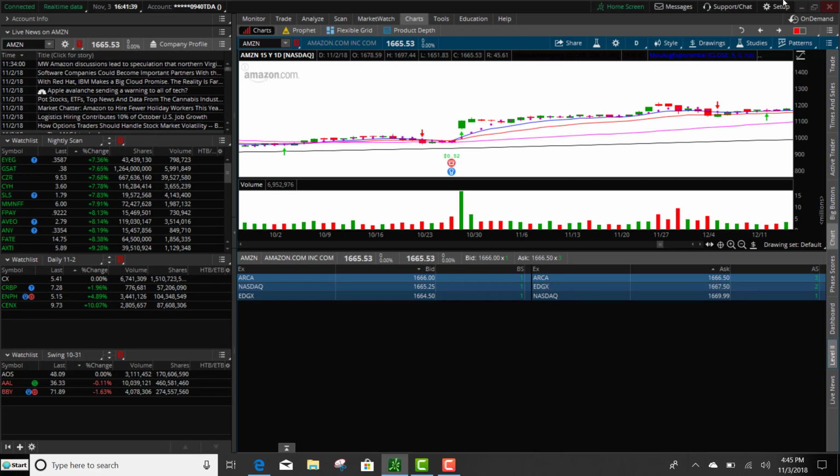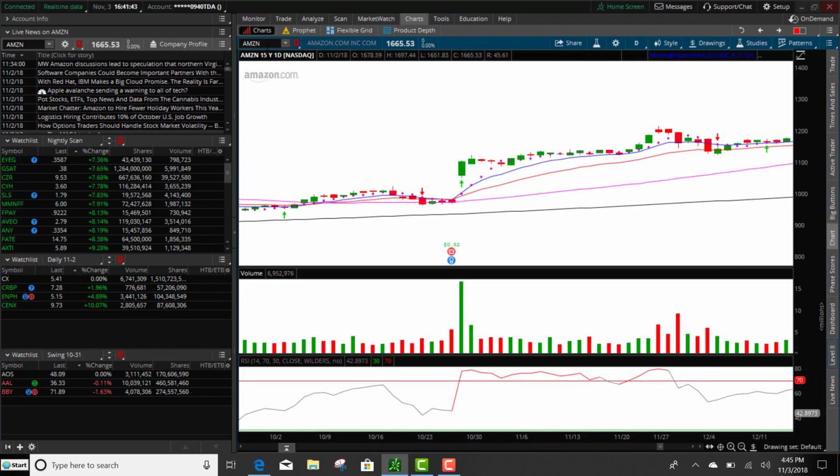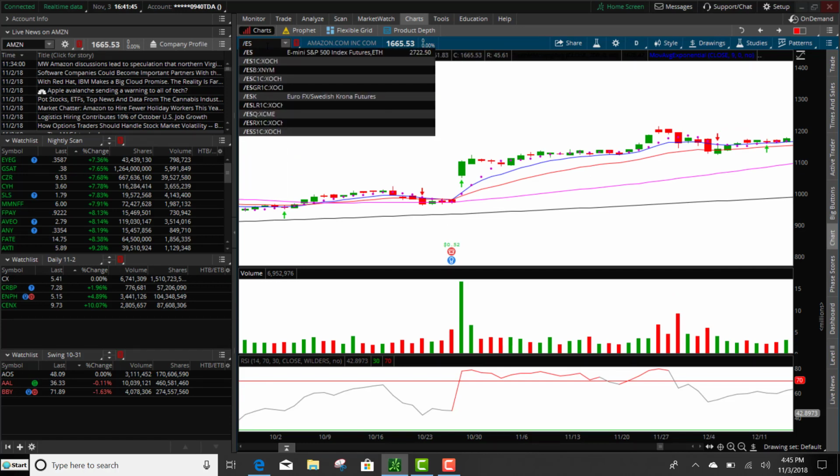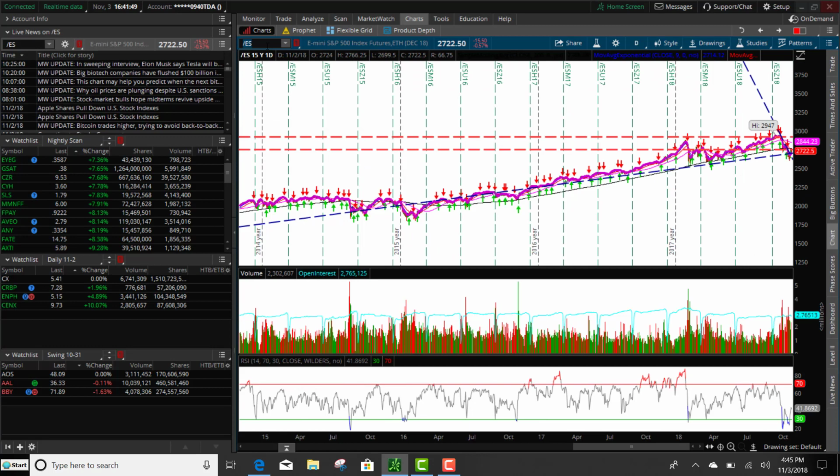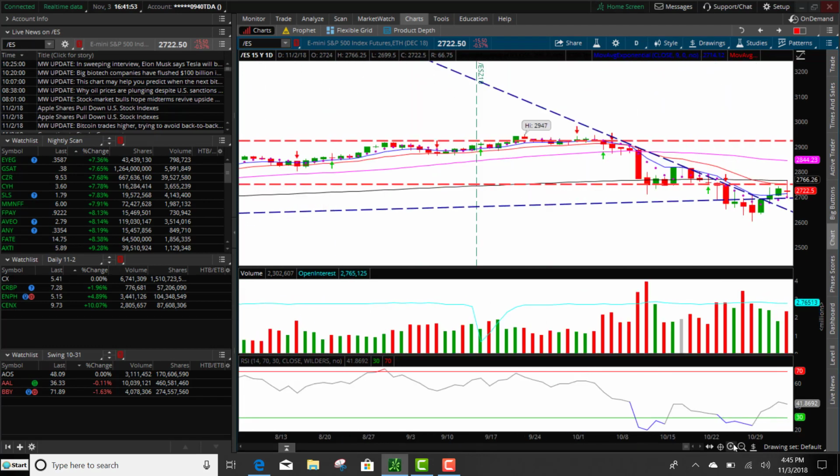So let's get rid of this level 2 and go back to the futures, because we're going to talk about red to green or green to red. You can see here, this was a red to green day. This typically happens intraday.